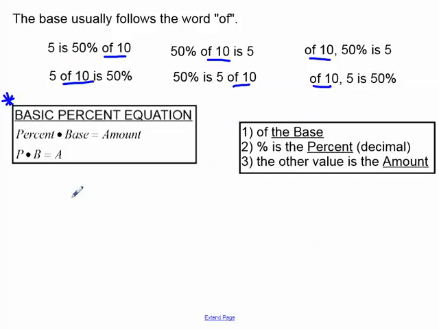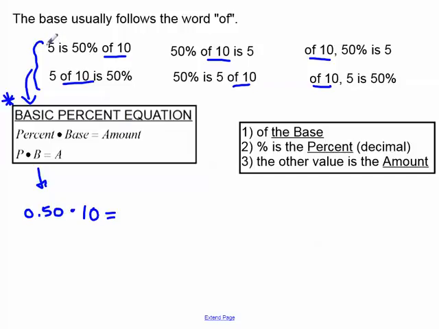So any of these really are going to be set up through the basic percent equation as percent, which would be 50%, so 0.5, multiplied by the base of 10, equals the amount. Whatever amount is left is the amount that goes here.